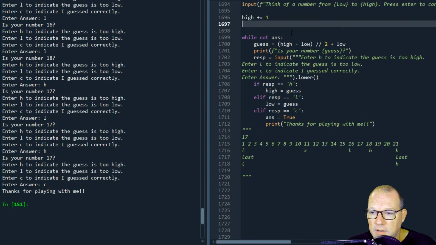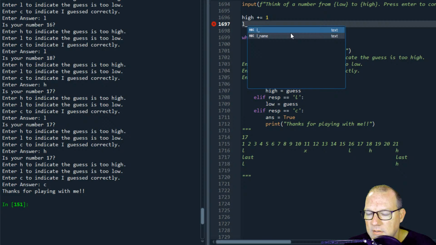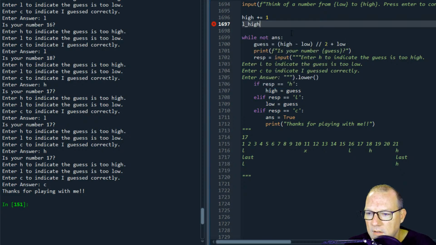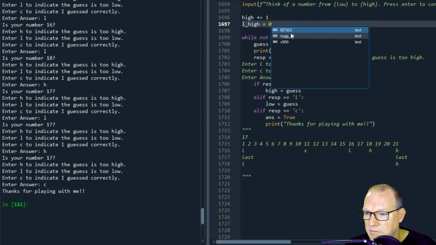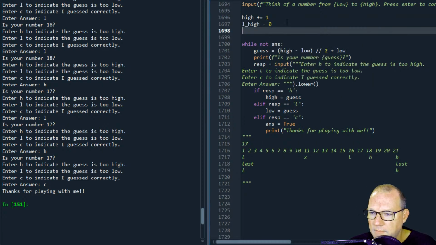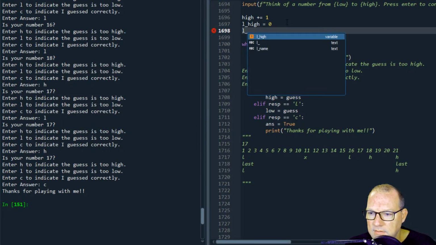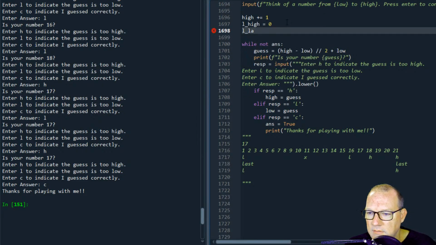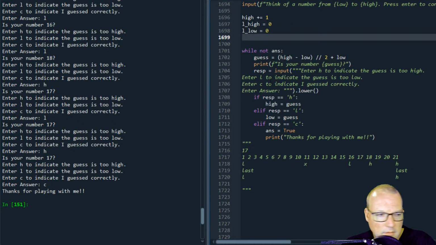So we're going to call it last_high equals 0, and last_low equals 0.